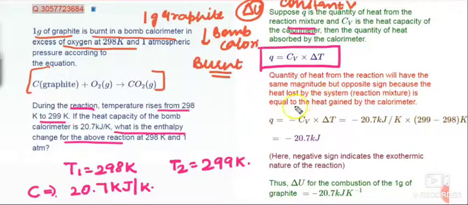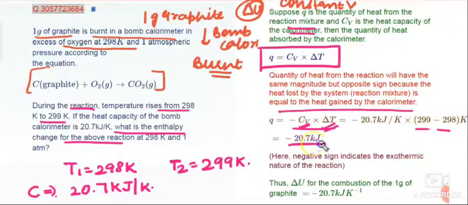That is the heat lost by the system. Here it is combustion, which comes under an exothermic reaction, where heat is absorbed by the calorimeter. So Q is minus Cv into delta T. What is delta T? 1 degree Celsius.